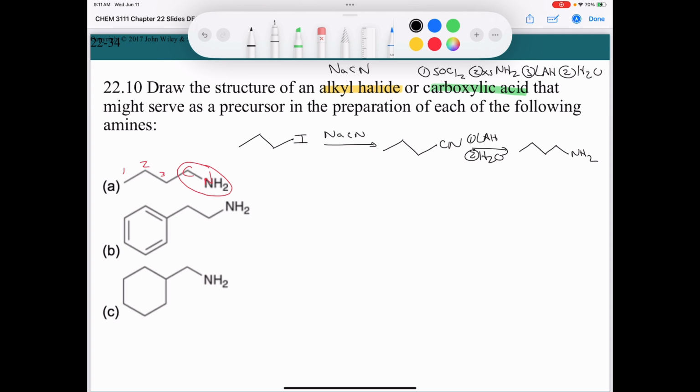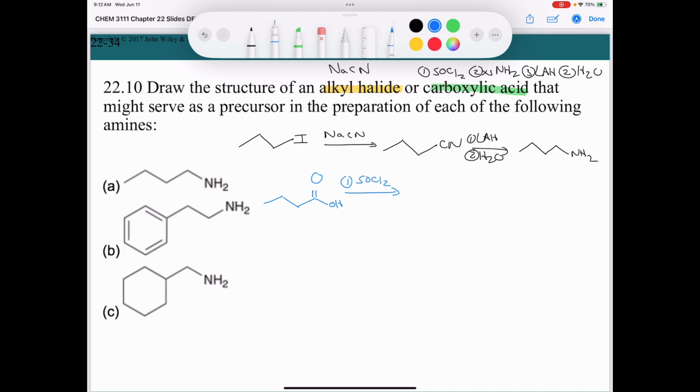Okay, if we go the carboxylic acid route, in that case there's no change to the carbon skeleton. And so the carboxylic acid, if you could just permit me to scribble, is going to be this carboxylic acid, which is butyric acid. So we'll start off with butyric acid. Step 1, we're going to treat that with our thionyl chloride.